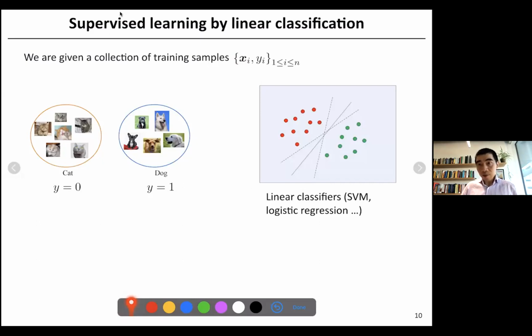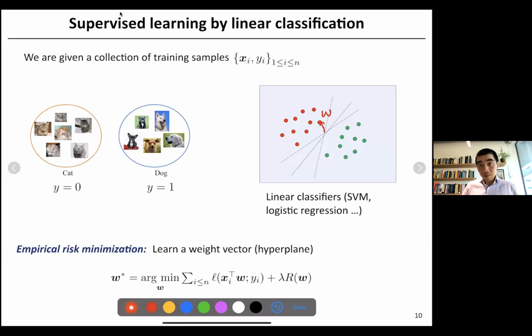And this hyperplane can be parameterized by its normal direction. So in this case, we might as well study a vector W, right? This is the normal direction of this hyperplane. And in practice, how this is done is we solve an optimization problem where we want to search for the optimal separating hyperplane parameterized by this vector W.